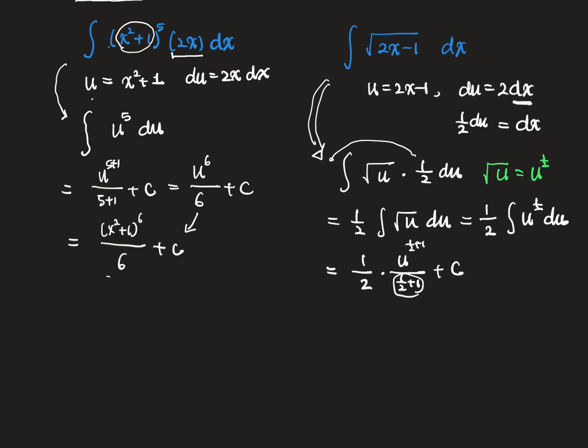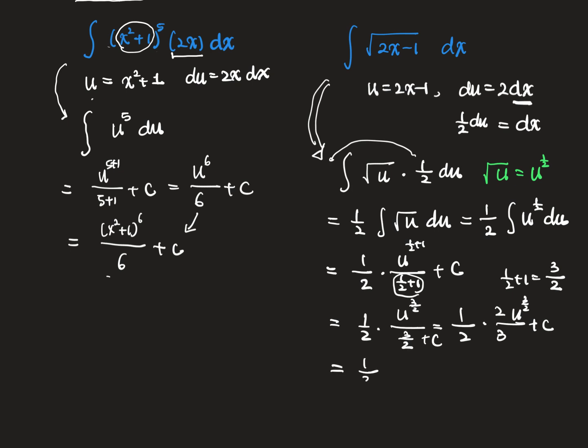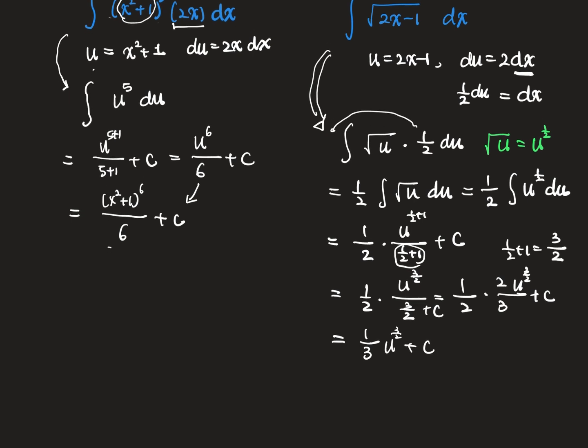Here 1/2 plus 1 is 3/2, that's the denominator. So this is 1/2 times 2/3 u to the 3/2 plus c. I missed c here. That's 1/3 u to the 3/2 plus c. That's how you find it, right? Then what happened?